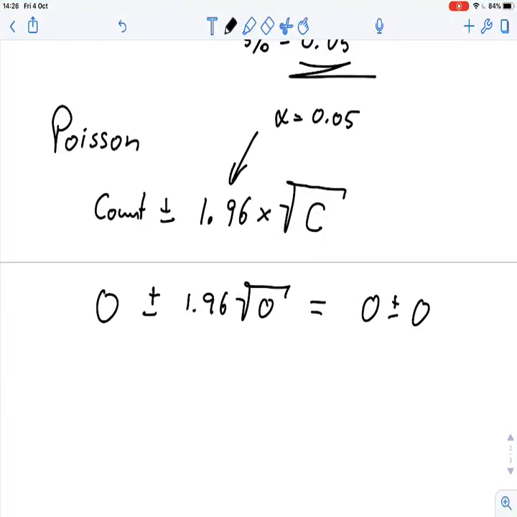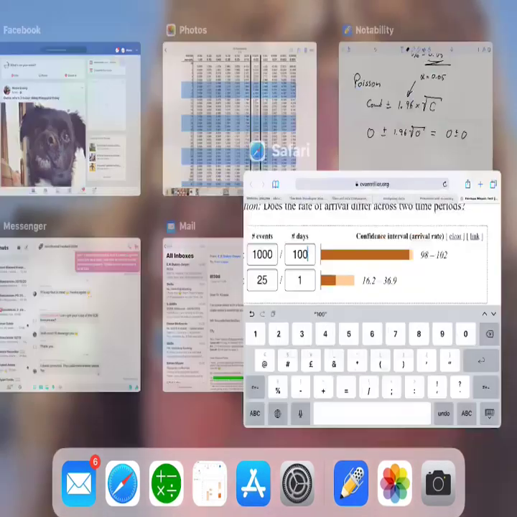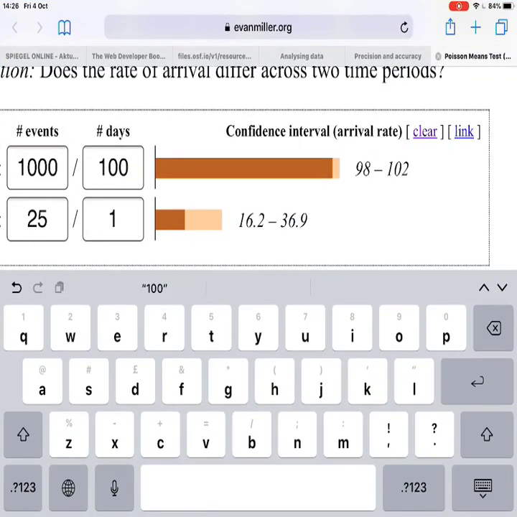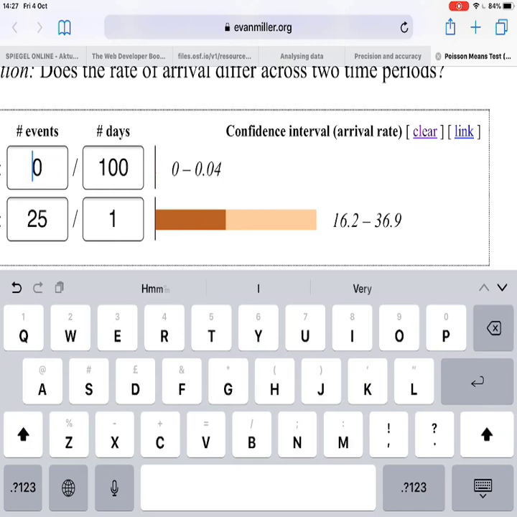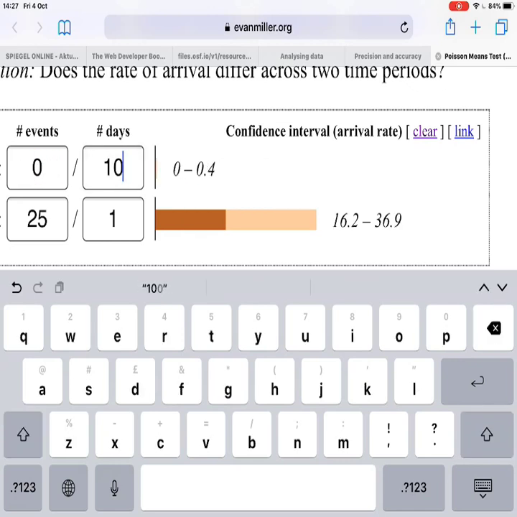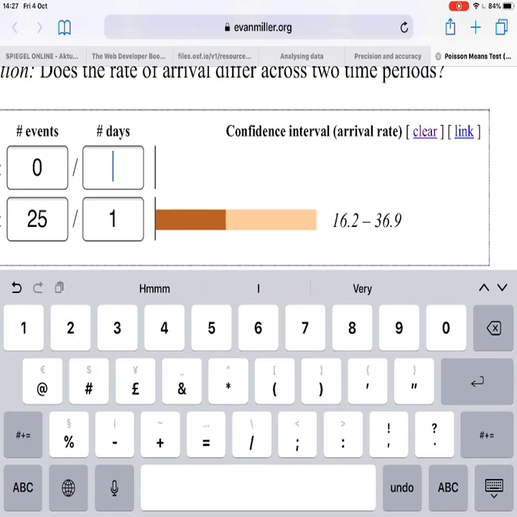Okay, so, hang on. I wanted to show you what happens if we put in 0 colonies on 1 plate. This actually gives you a confidence interval between 0 and roughly 4.